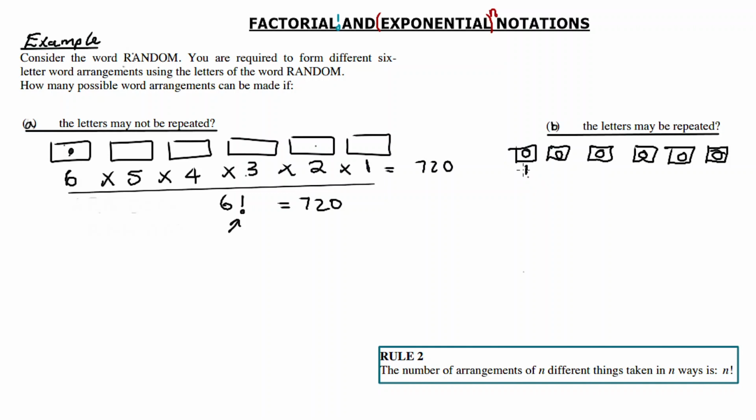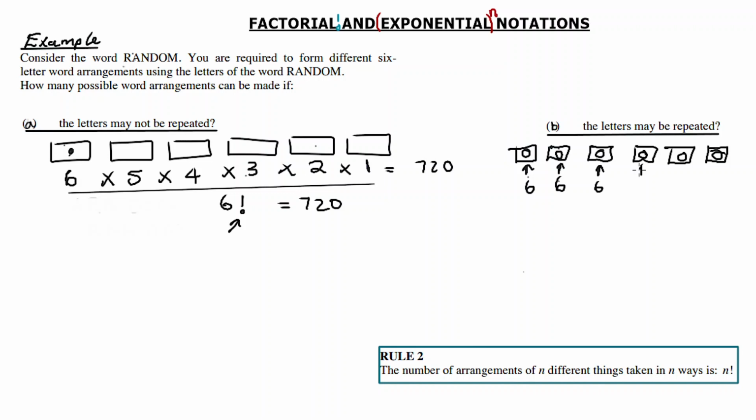For the first block, I have how many choices? 6 choices. Because I can repeat the letters, I also have 6 choices for the second block. For the third block, again, I have 6 choices. Ngoba I am allowed to repeat.